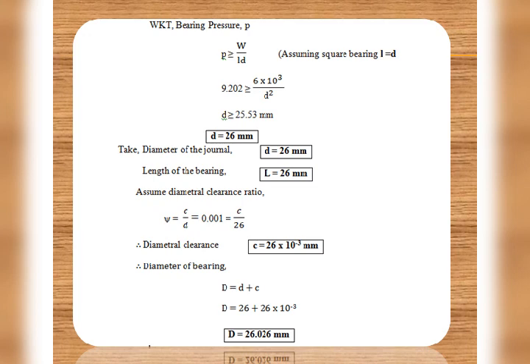So the diametric clearance is 26 into 10 to the minus 3 mm, which comes to 0.0026 mm.